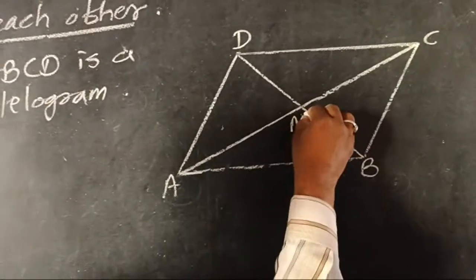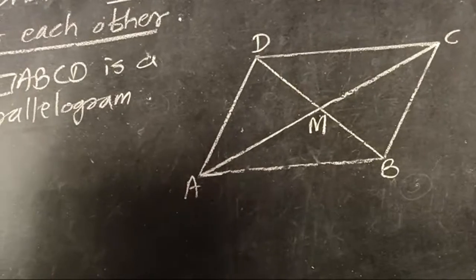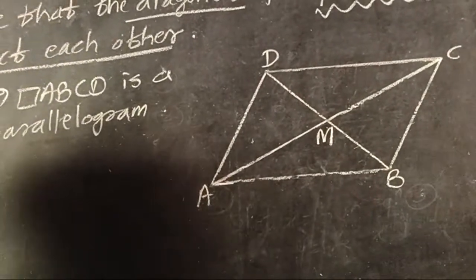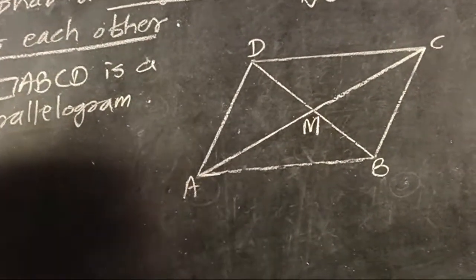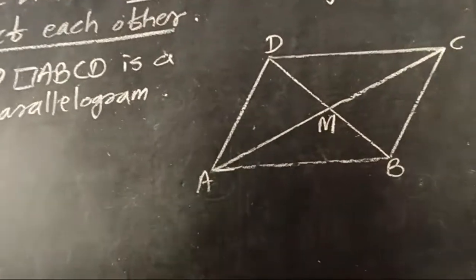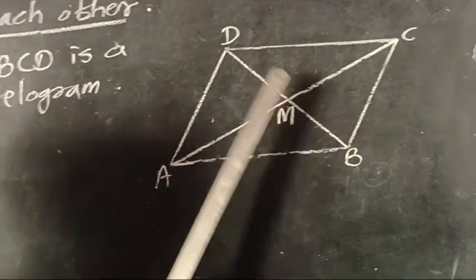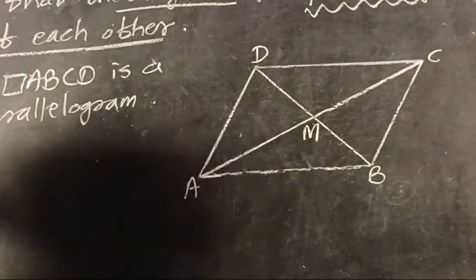Here suppose point M, bisect each other means segment BD is parallel to AC. Is it parallel? No.